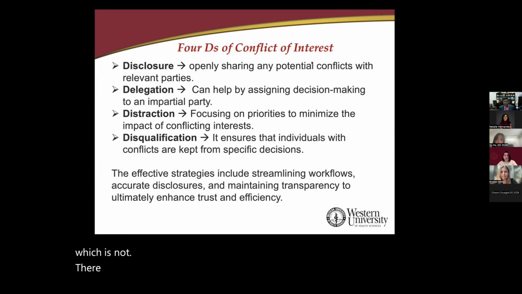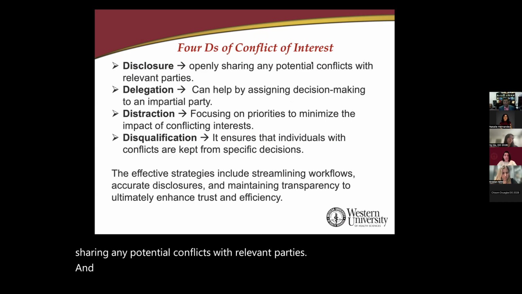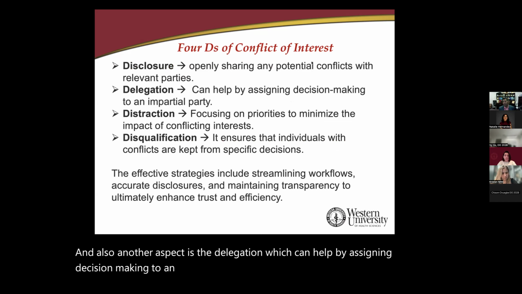There are 4 Ds in relation to conflict of interest. Disclosure: openly sharing any potential conflicts with relevant parties. Another aspect is delegation, which can help by assigning decision-making to an impartial party.